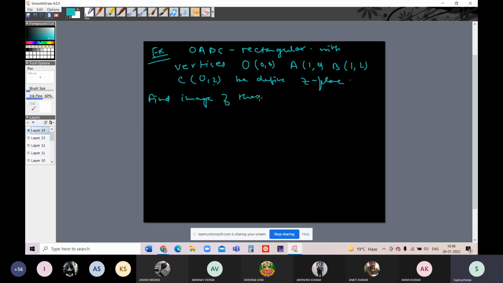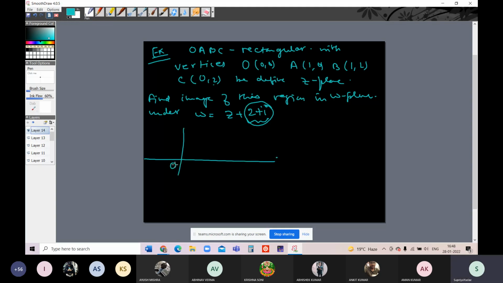Find image of this region in W plane under the map w equals z plus 2 plus i. देखिए यहाँ पे केवल एक constant आ रहा है, 2 plus i. So 0, 0, this will be O. A is 1, 0.